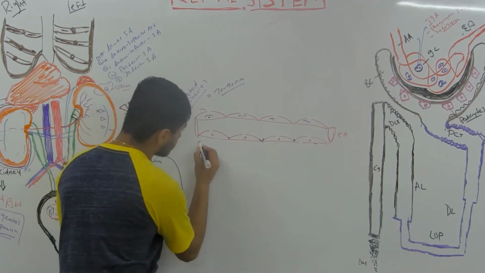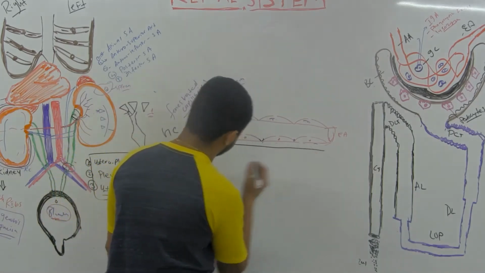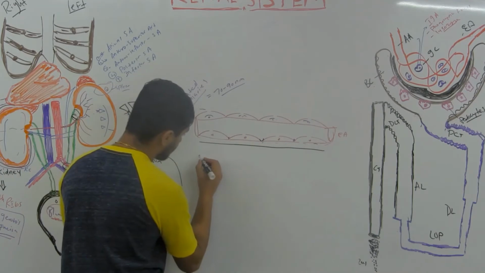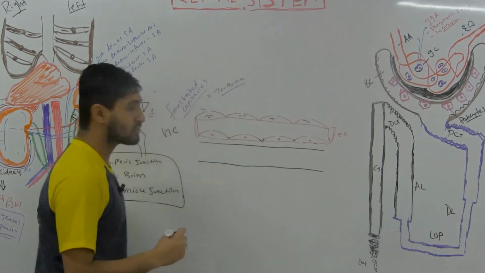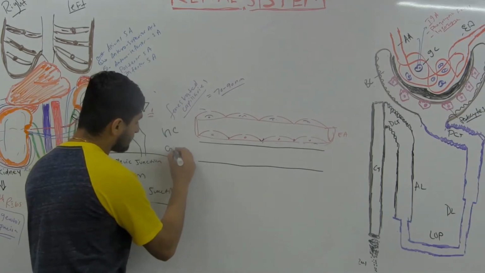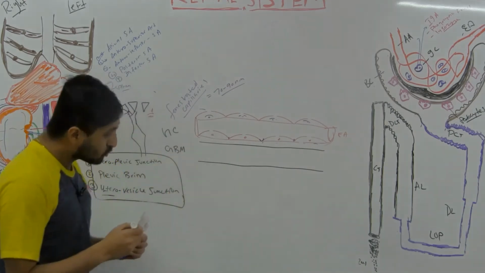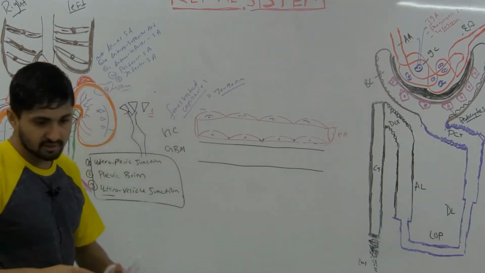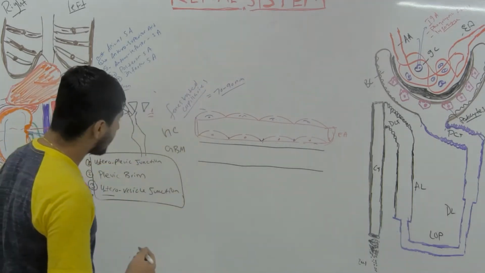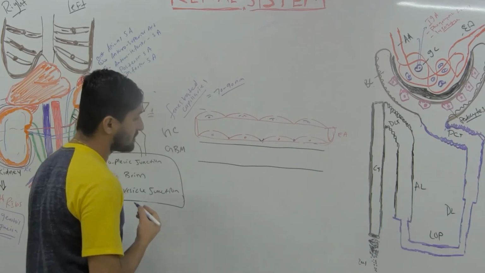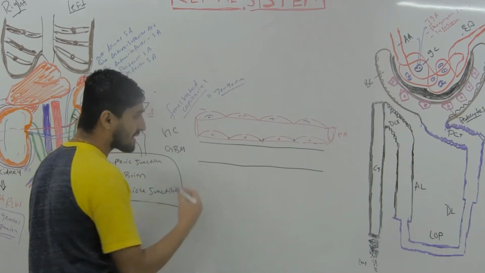And they're sitting in this guy right here. And what is this guy right here? This is called basement membrane. So we call it the glomerular basement membrane. And we have to talk about this in a little bit of detail, because the unique property of the glomerular basement membrane is that it has 3 layers.